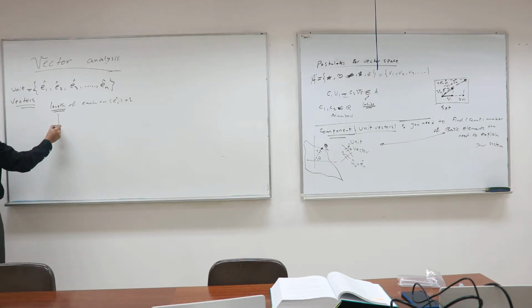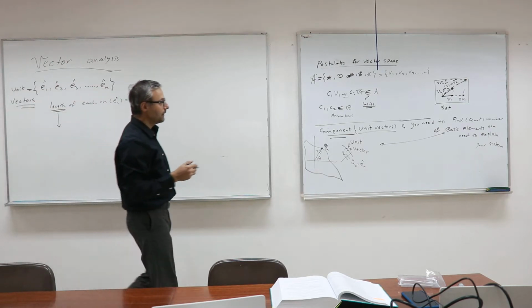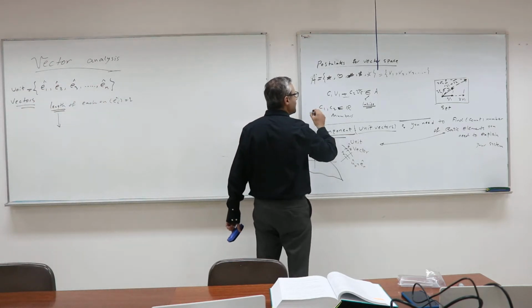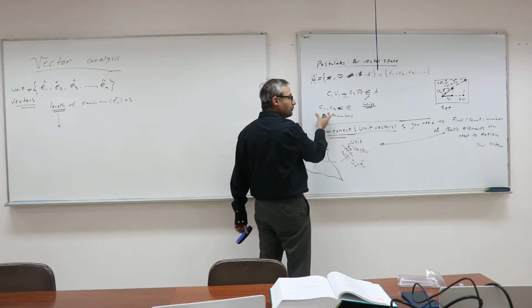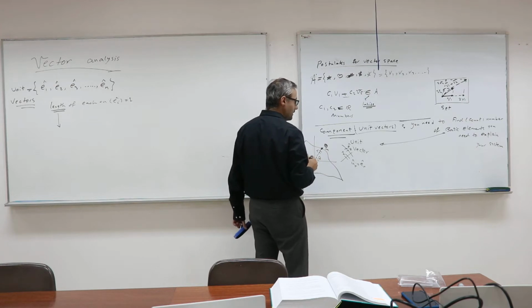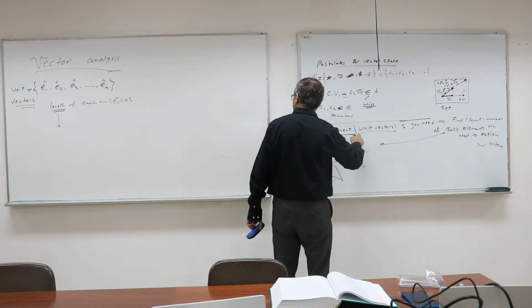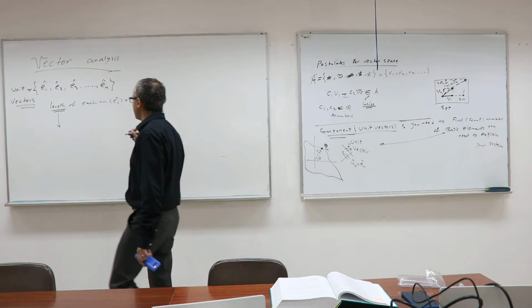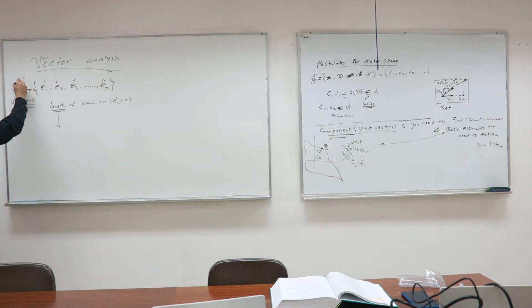To define the length, you needed to go through the second property. So the first property is that they should be closed. I mean, if you take 2, the combination of these 2 should exist inside that. The second one is the existence of the unit vectors. So you need to have the unit vectors and then the length.